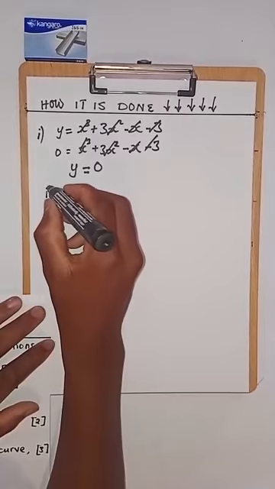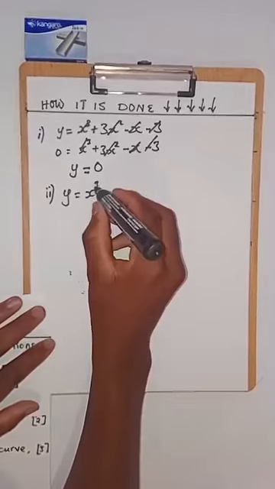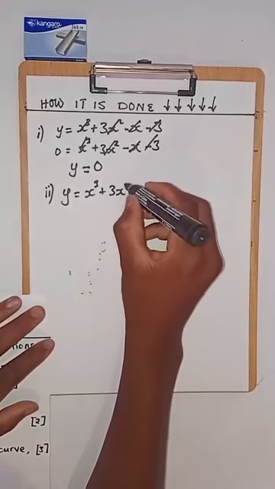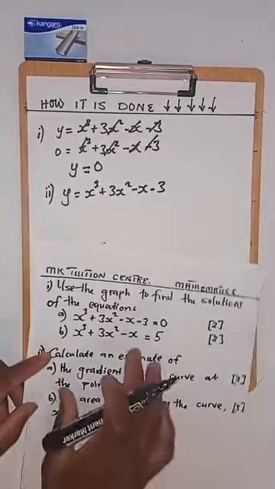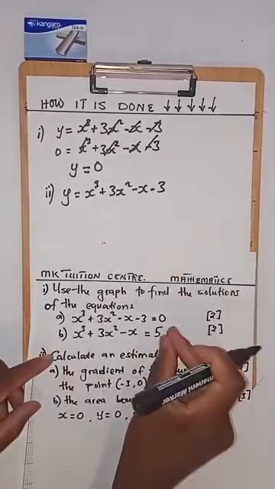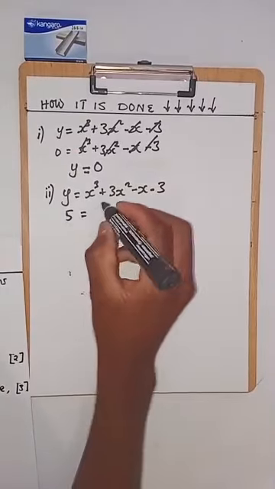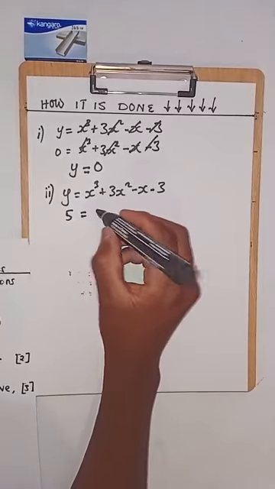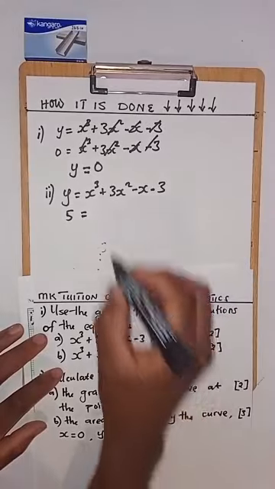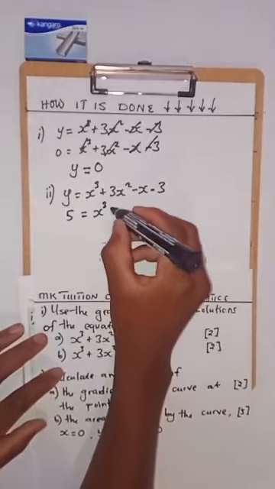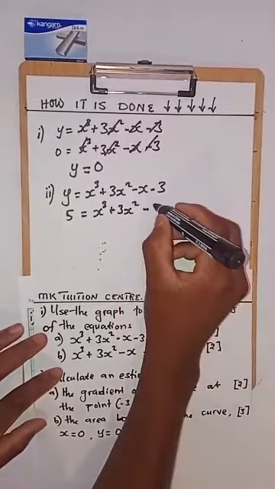Okay, we're going to have the original equation, and then we're going to have this equation here. So this part here will be here, the 5 will be this side. 5 is equal to x to the power 3 plus 3x squared minus x.